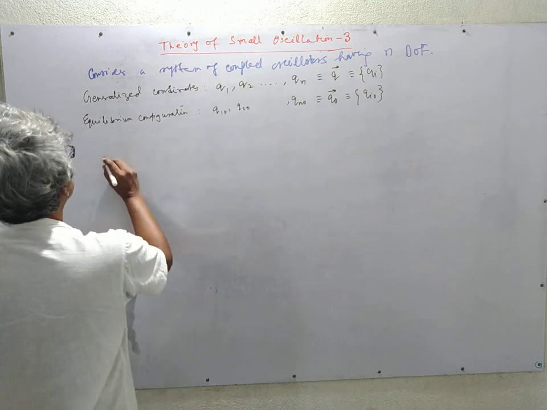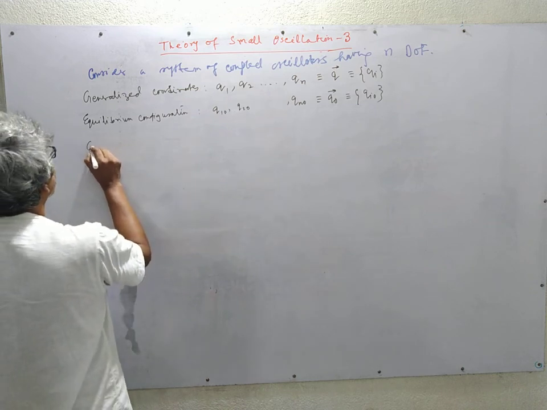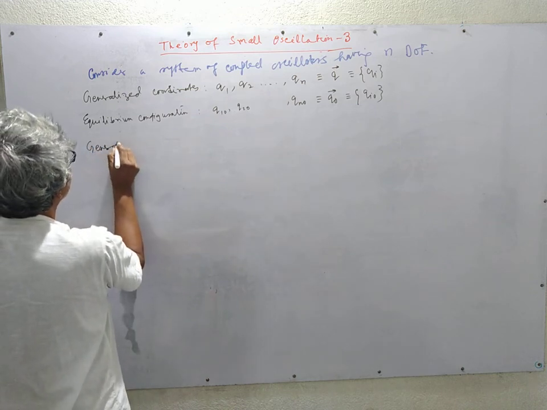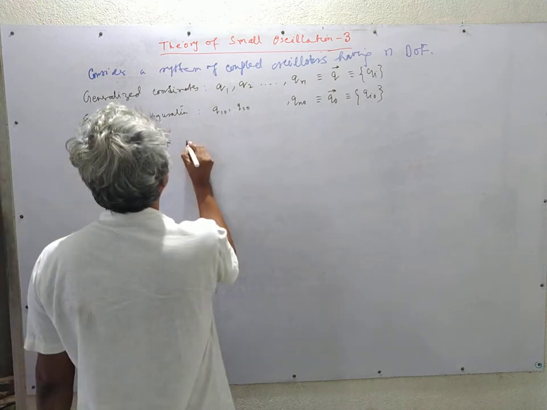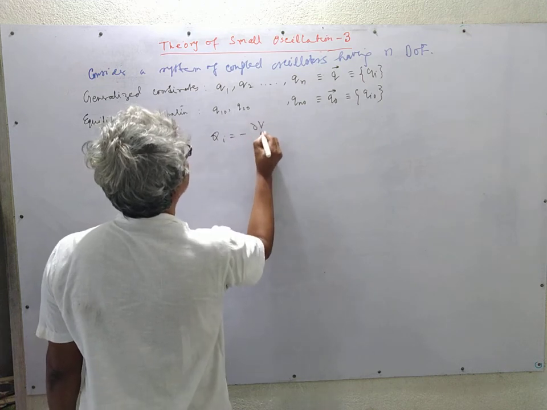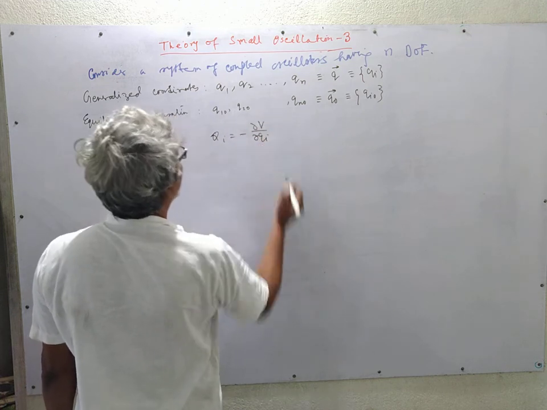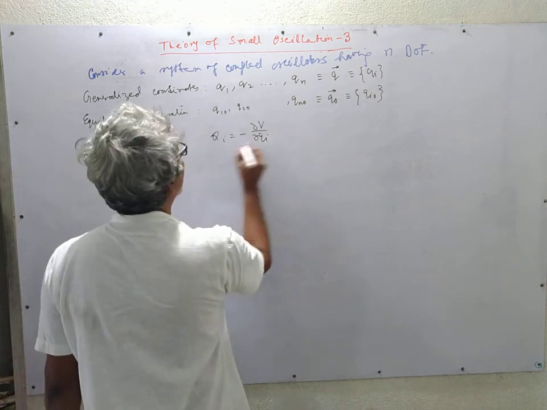And the potential energy of it. Then the generalized force acting on the system is given by Qi is equal to minus del V del qi. We have assumed the system to be conservative.